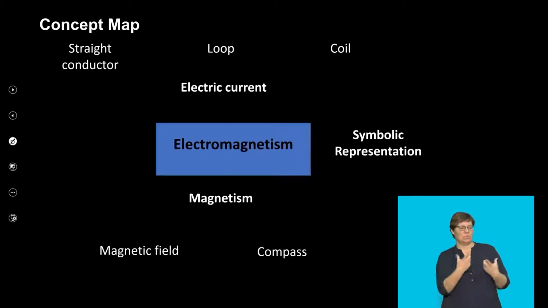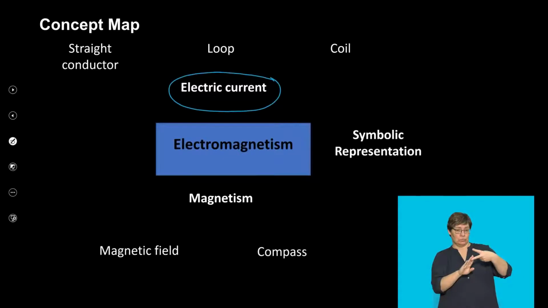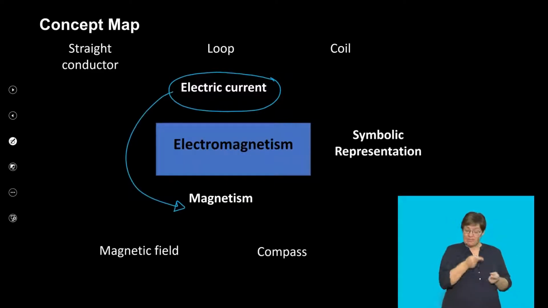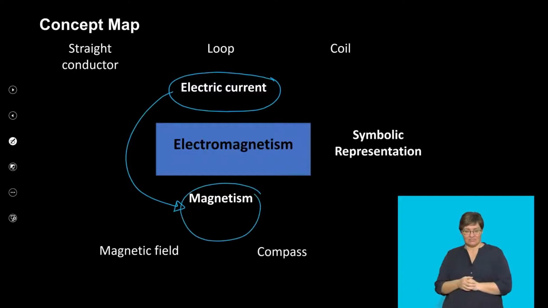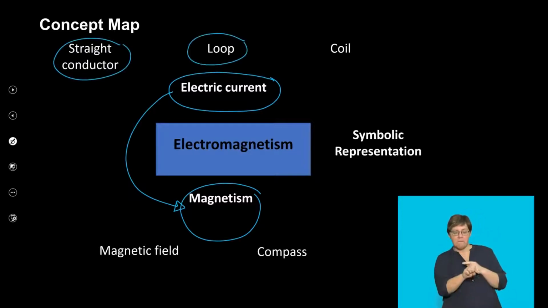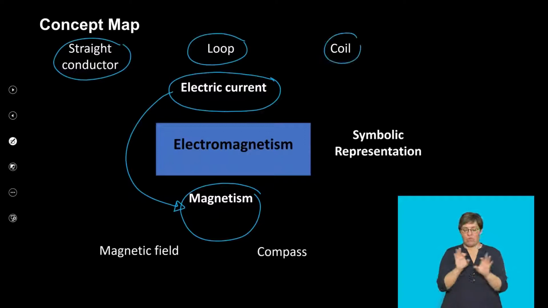So we recognize, to start with, that there are two types of processes that take place when we're dealing with electromagnetism. We can have electric current that produces a magnetic field, and we can deal with that in terms of electromagnets, where current passing through a straight conductor or a loop or a coil will produce some sort of magnetism.